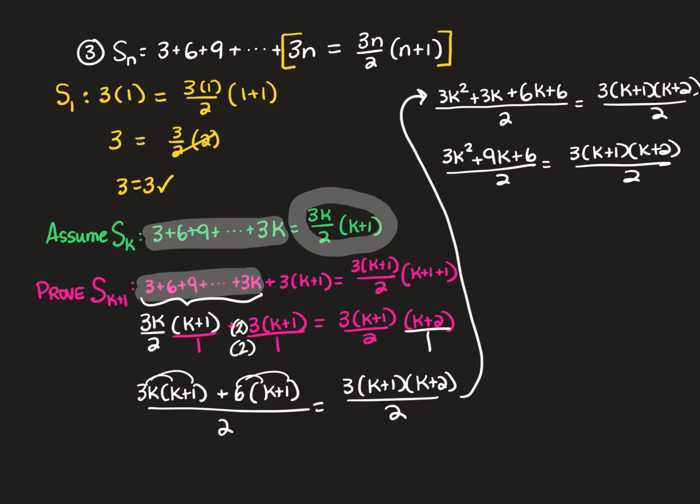Now, I notice a couple of things, right? I notice that these 3 terms all have a factor of 3, and I also notice that there's been a greatest common factor taken out. So I'm going to go ahead and take out that factor of 3. So now I have 3 times k squared plus 3k plus 2 all over 2 equals 3 times k plus 1 times k plus 2 all over 2.